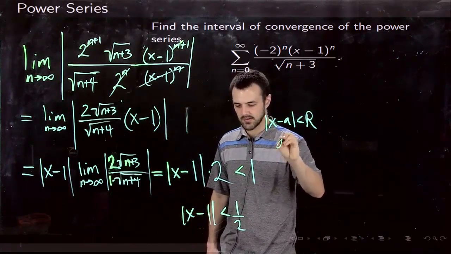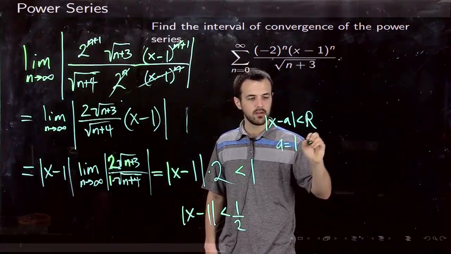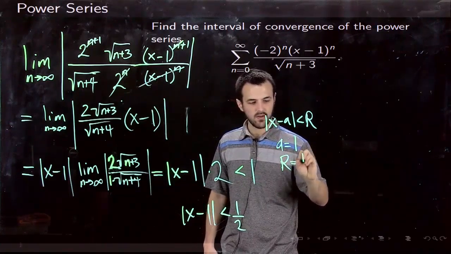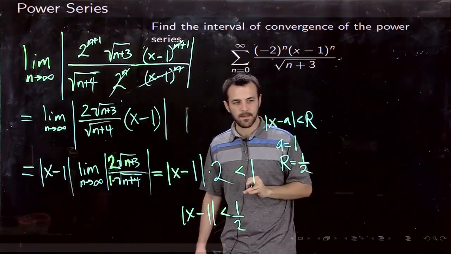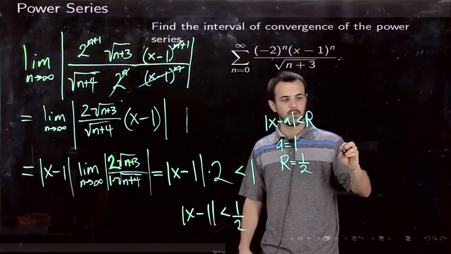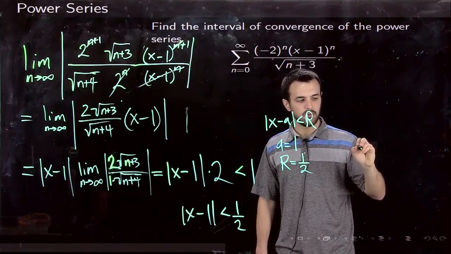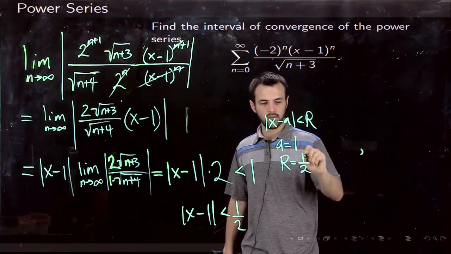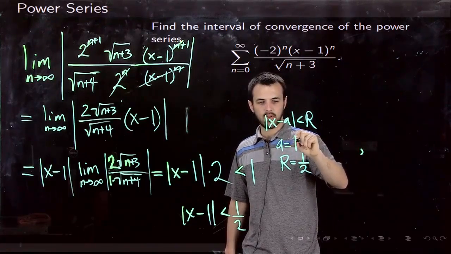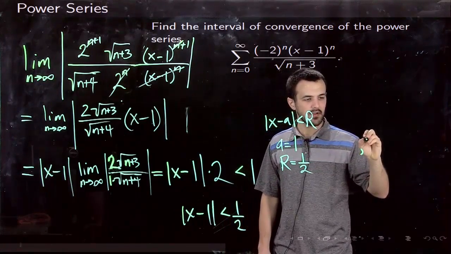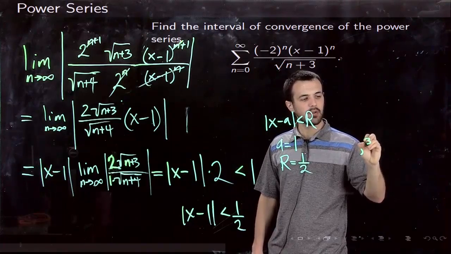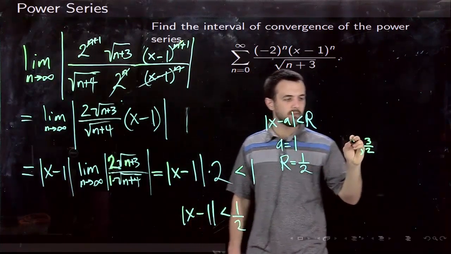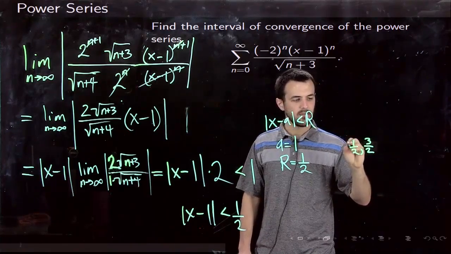So our a here is going to be 1, and the radius is 1/2. So now we know the two endpoints of our interval: radius is 1/2, center is 1, so 1 plus 1/2 is 3/2, and 1 minus 1/2 is 1/2.